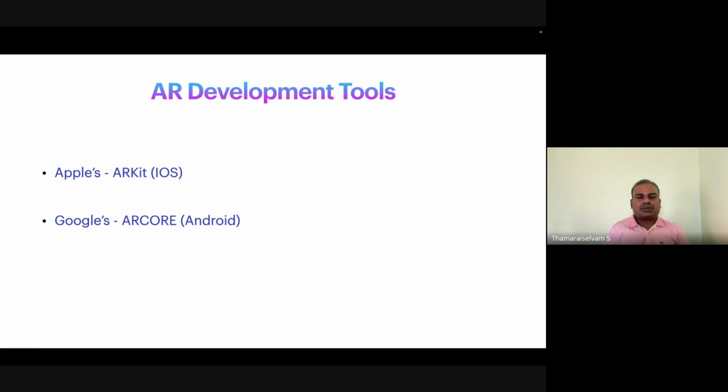Similarly, for Android based platforms, ARCore is Google's product. ARCore can be used for developing Android based augmented reality applications, whereas Apple's ARKit is used for developing augmented reality applications for the iOS platform.